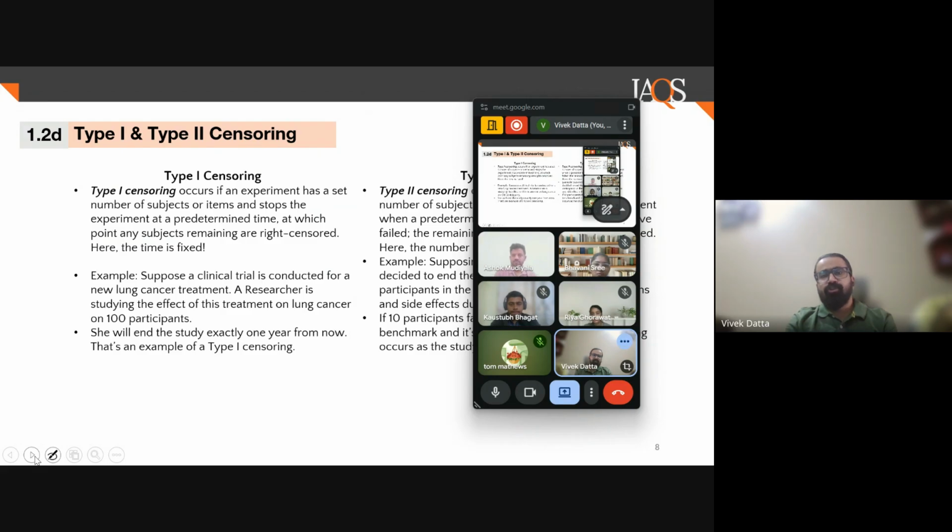Yes. So, if I determine at the start that my course lasts for 2 years, at which point in time I will stop tracking, everyone will become right censored. This is an example of type 1 censoring.